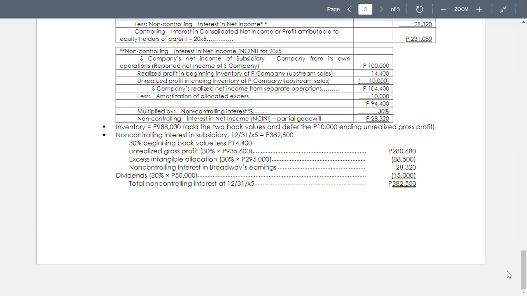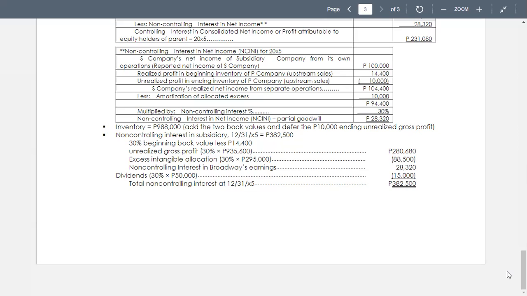And another upstream sale, sale from Tuna to parent. Tuna, 315,000 times 25 over 125. So upstream sales, sales from subsidiary to parent and to another subsidiary.